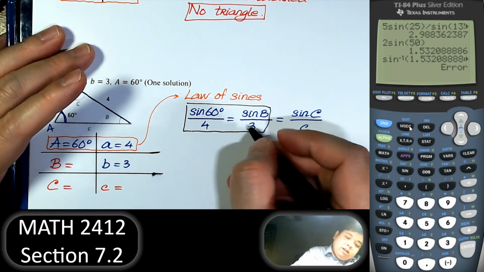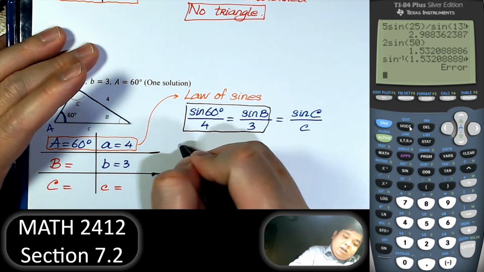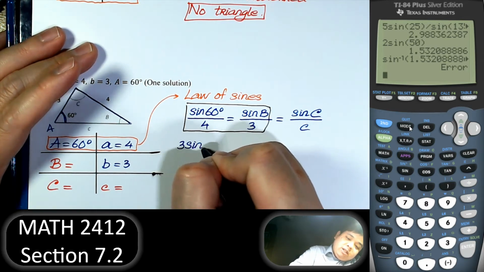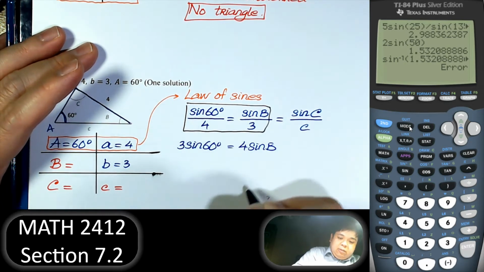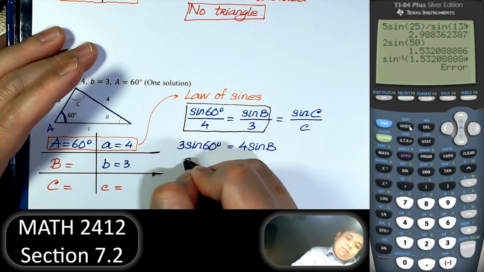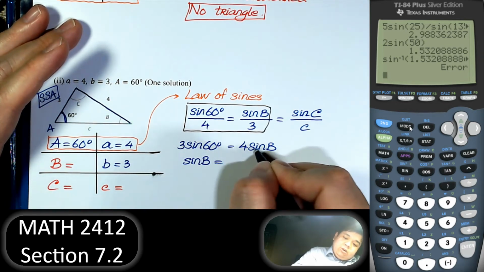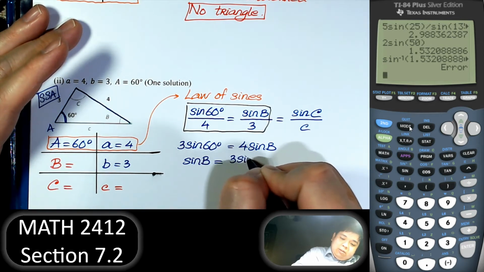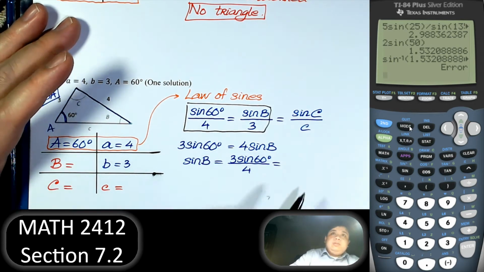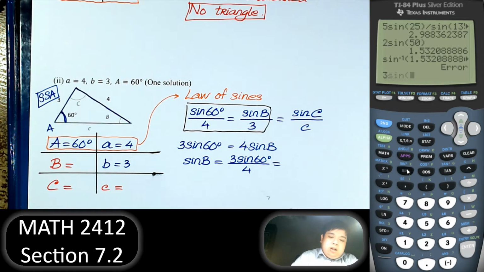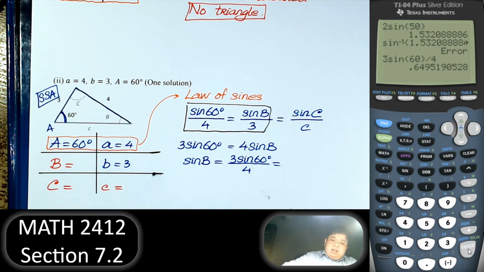Cross multiply, and so for sine of B, first cross multiply: 3 sine of 60 degrees equal to 4 sine B. So sine B equal to 3 sine of 60 degrees over 4. 3 sine of 60 degrees. Yeah, still in degree mode. Right, divide by 4. Right, so we have that.